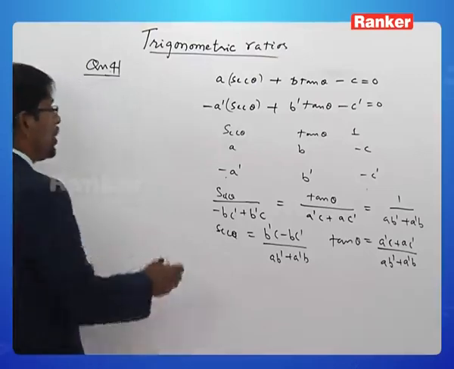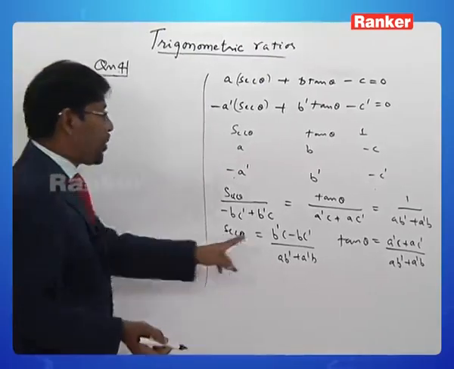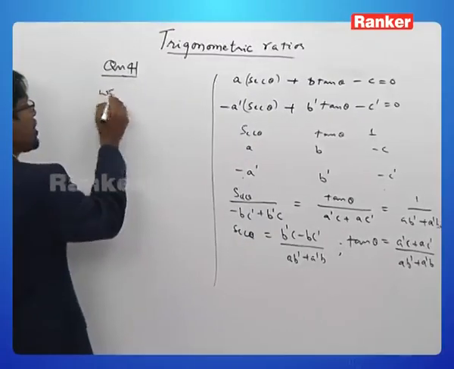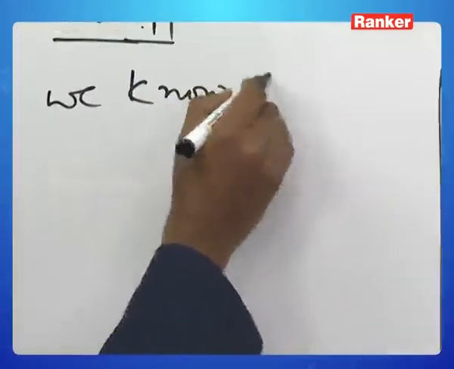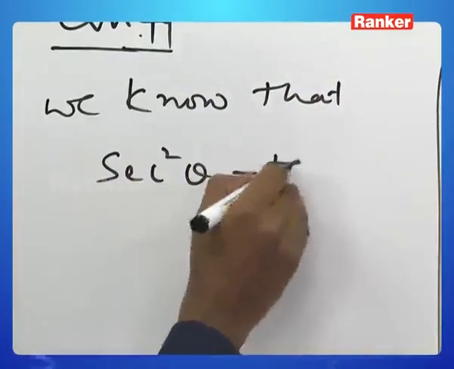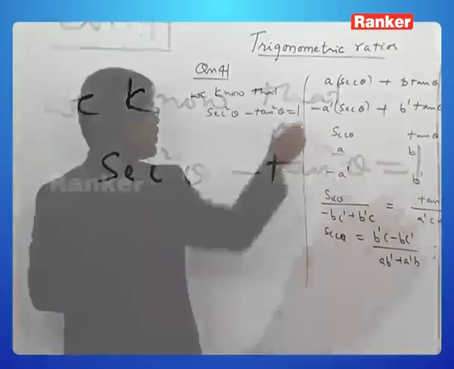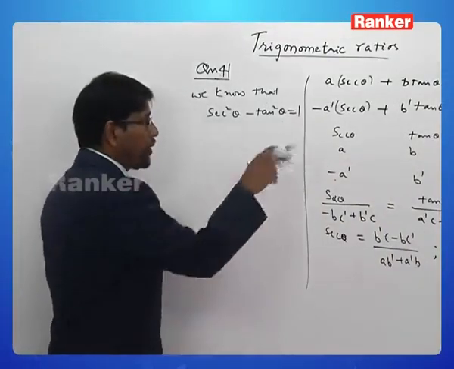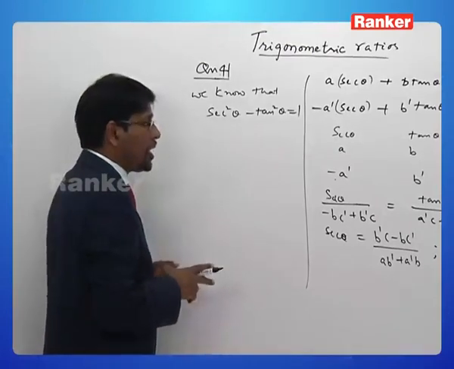How can you eliminate theta from these two equations? We know that secant square theta minus tan square theta is equal to 1. So that's how we can eliminate theta and write an equation in these coefficients a, b, c, a dash, b dash, c dash.